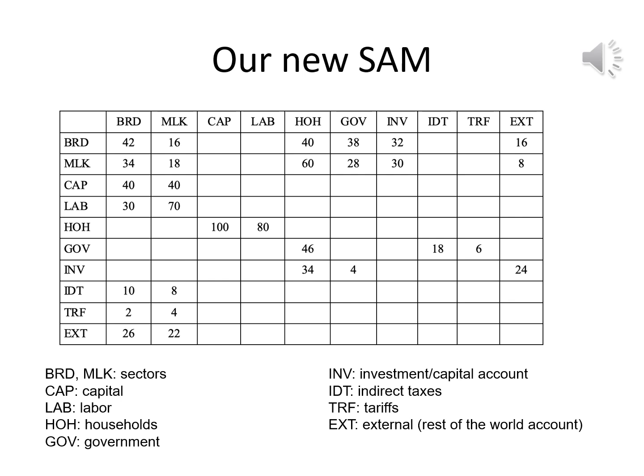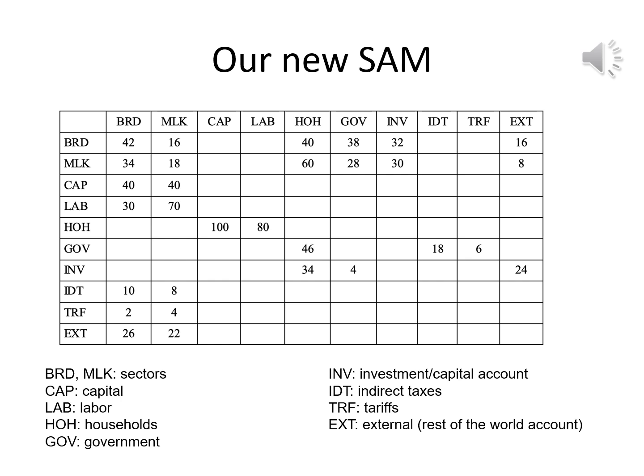Okay, and then if you look at the household column, you will see that households are paying 40 yen for consumption of bread, 60 yen for consumption of milk, and then, looking at the same column but at the bottom, you will see that households are paying 46 yen to the government.